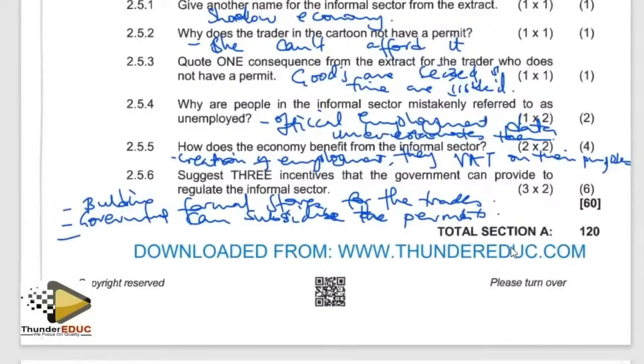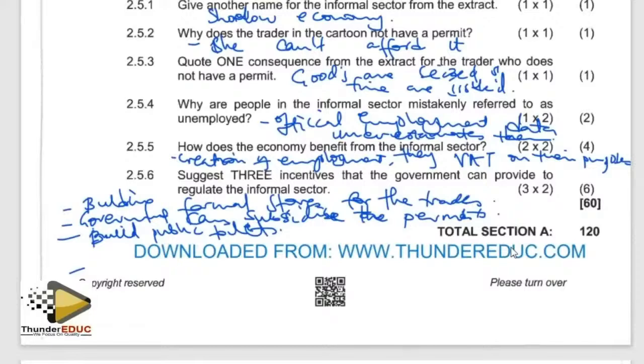Then, remember, there are not enough toilets for these people. What can they do? Build public toilets in the areas where the informal businesses exist.